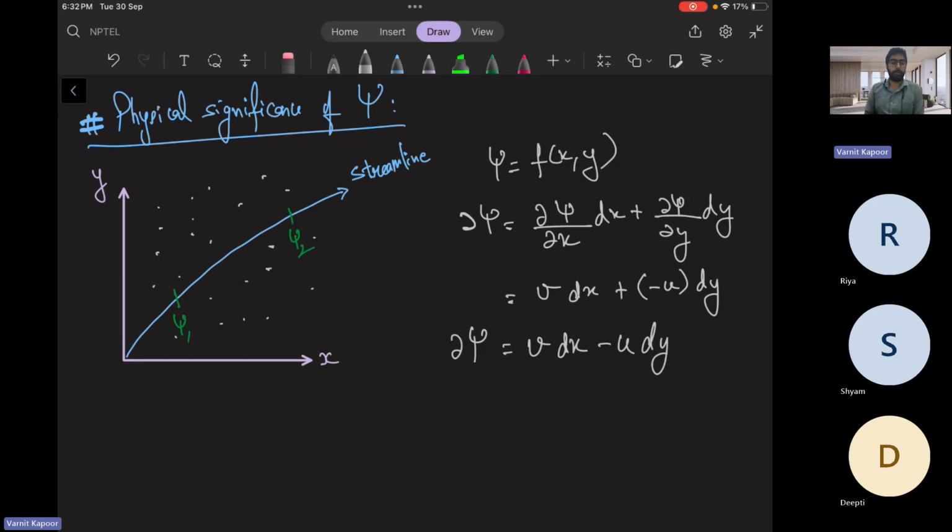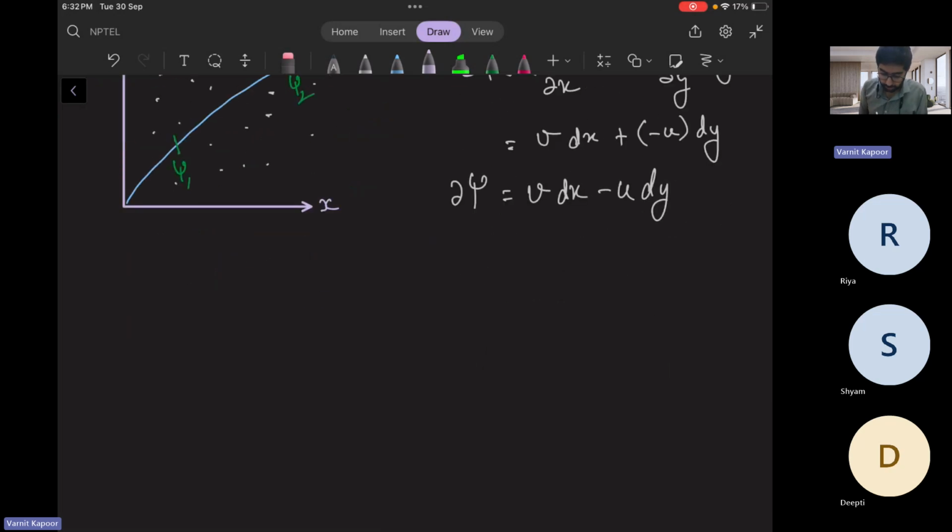This is your stream function. Okay. So what is the streamline equation? We understood in the past tutorial that it is nothing but dx by u equals dy by v.